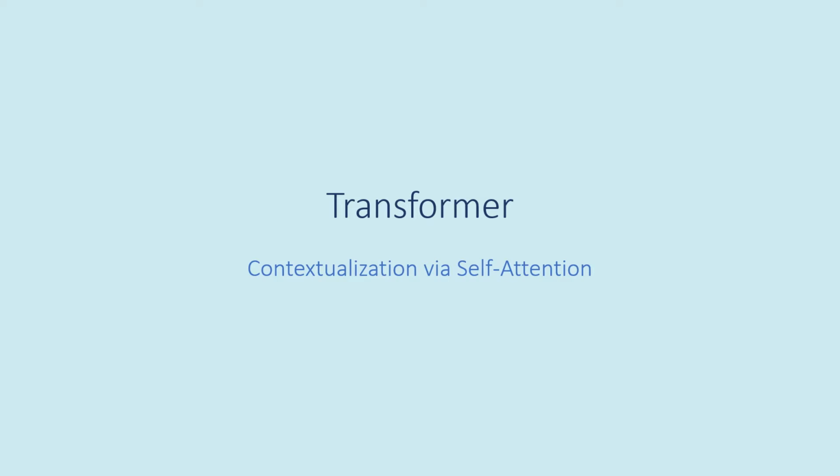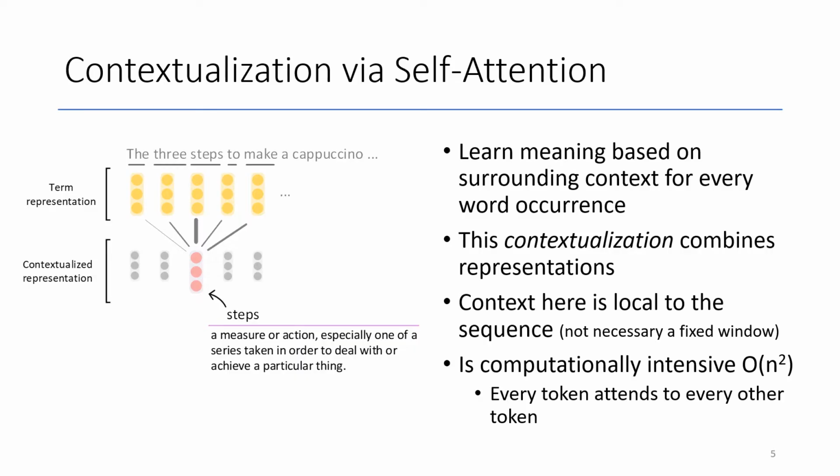All right, let's take a look at the transformer architecture and contextualization via self-attention. The general idea of contextualization is we have term representations. So we start again with some sort of word or subword embedding, and each word gets assigned an embedding, just as in the previous lectures.